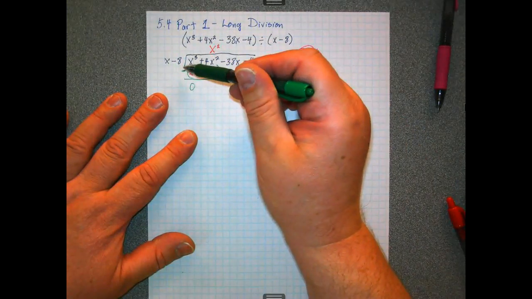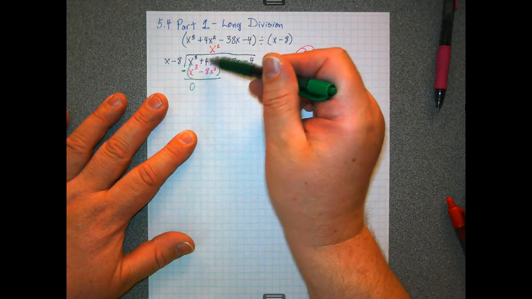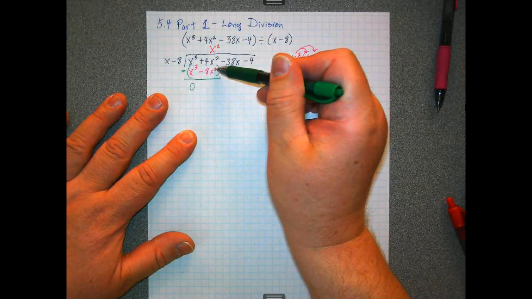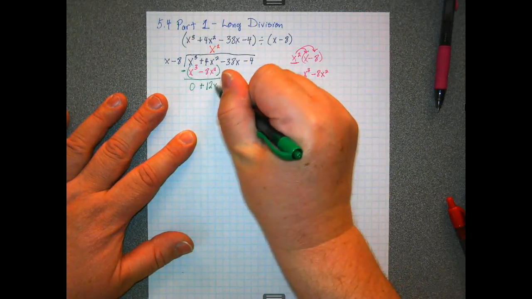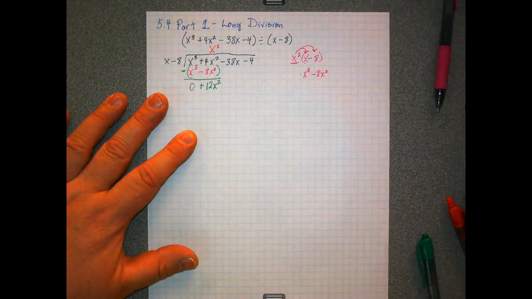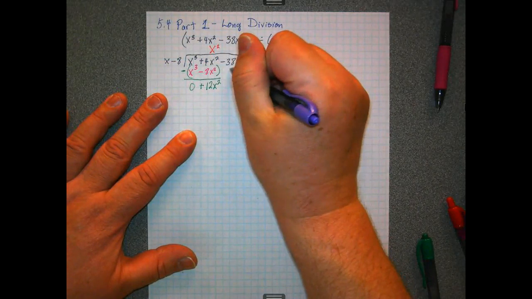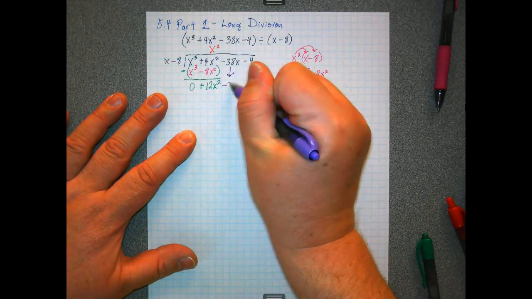Now I'm minusing a minus, so I've got a double negative here. So I'm actually adding 8x squared, which is 12x squared. Okay, bring down your next term, number, digit, however you want to think about it. Minus 38x.